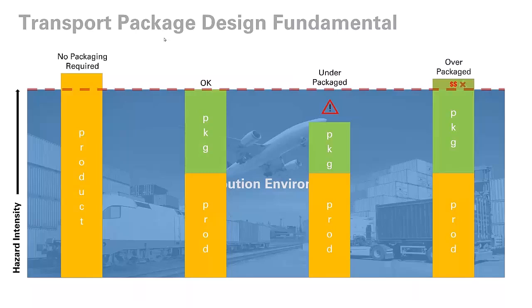When you do product fragility testing, you're basically saying my product is this strong or that strong or robust. And eventually you use that information to compare against what you know about the supply chain.